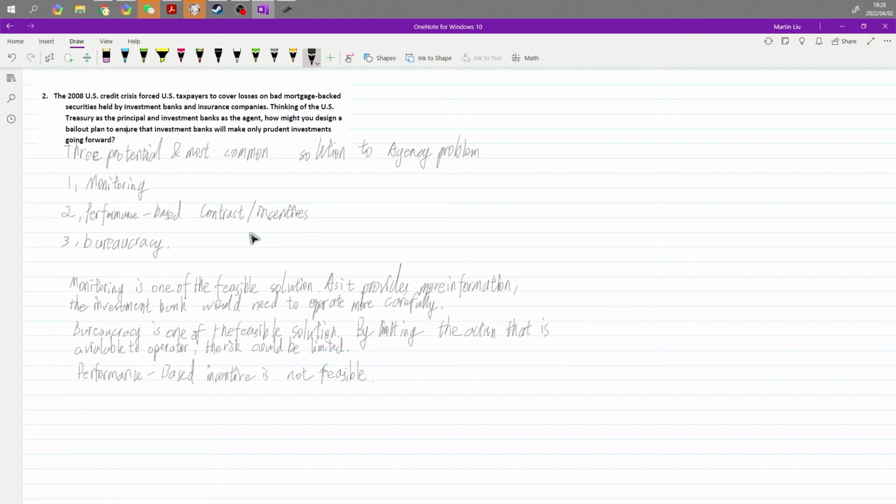The most basic idea to introduce is that the A plus BX contract can only reward, let's say, returns in this case.